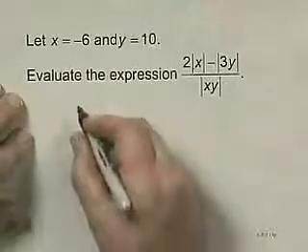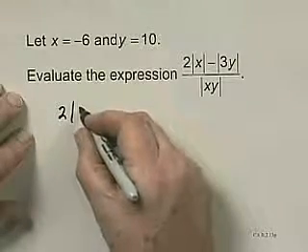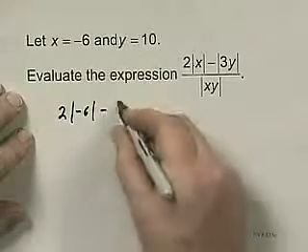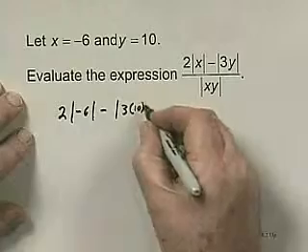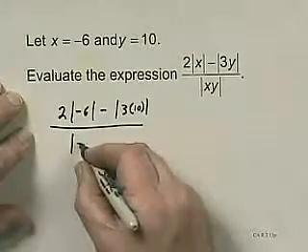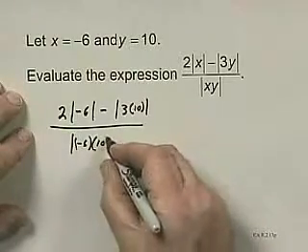So we'll make our substitutions. We're going to have 2 times the absolute value of x, which is negative 6, minus the absolute value of 3 times y, which is 10. We're going to divide this by the absolute value of x, which is negative 6, times y, which is 10.